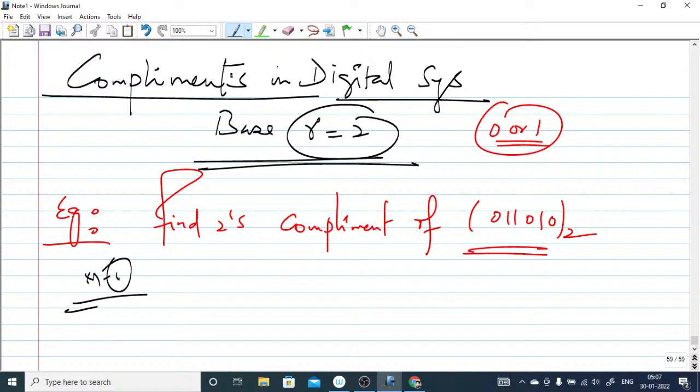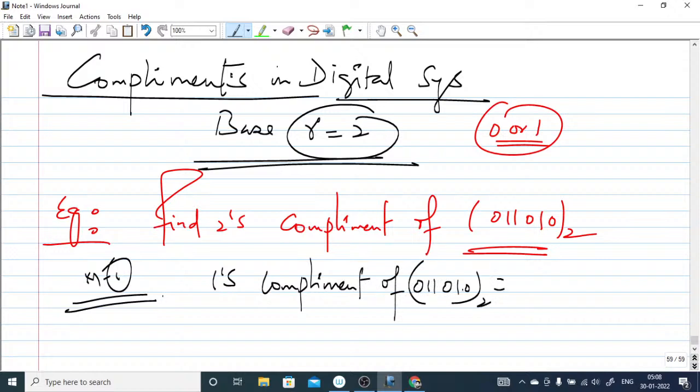So this is method 1, I am telling you, right? In method 1, find the 1's complement of 0 1 1 0 1 0. Whenever somebody asks you, or in the GATE examination it is asked, to find the 1's complement of this, you have to take the complement of each bit.